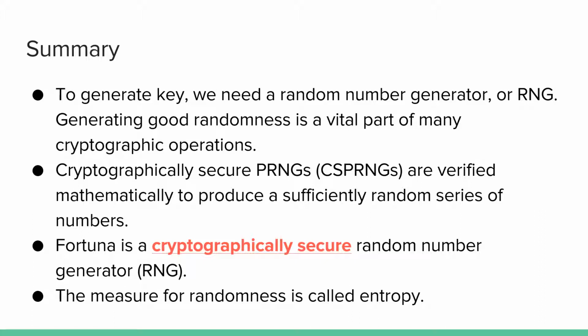CSPRNGs are a vital component in security. They're used by programmers in all fields to build secure systems, to create cryptographic keys, to encrypt communications, or to defend anonymity. Many are based on deterministic algorithms, and if you break them, that can reveal all the numbers that will be generated, and these will be revealed to the attacker.